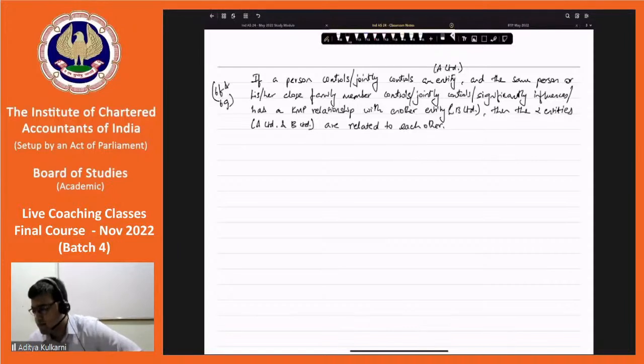So you are saying Mr. X gives a loan to Mrs. B. So can Mr. X be a related party for A Limited? How will it be? Whatever relationship, who is Mr. X in this case? He is some third party. Okay, so if he is some third party, then how can it affect the finances of A Limited? It cannot affect, right?